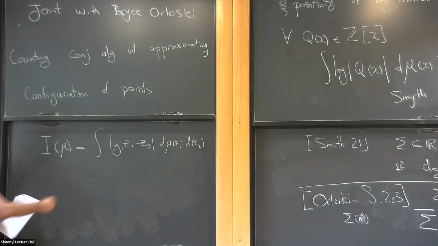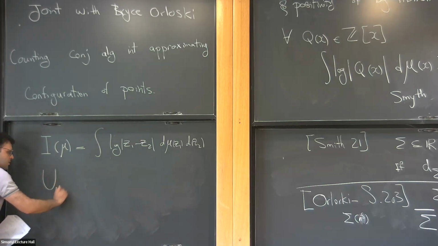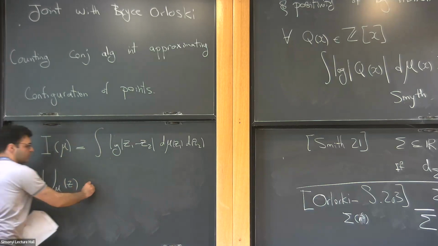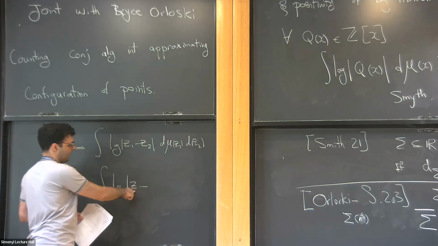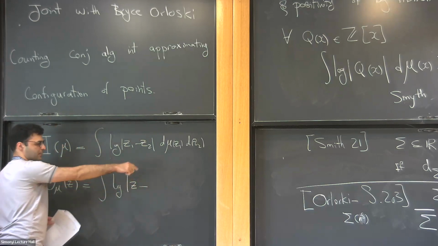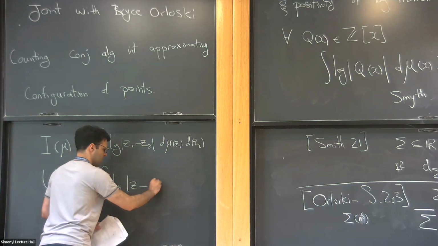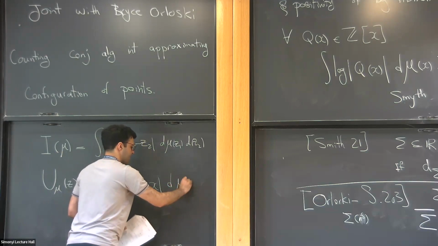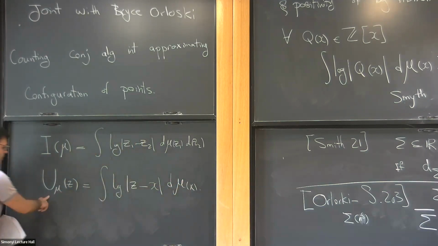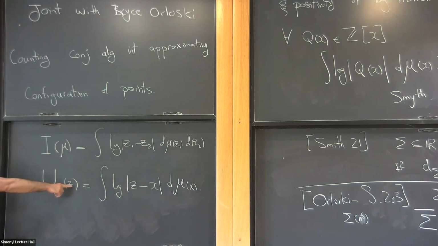In other contexts there's a minus sign, but it's better for us not to use minus. And then you have a potential: for a fixed point z, you take the expected value of log of the distance of z from a random point. So let me write this: the integral of log |z minus x| d mu(x). This is called the potential function with respect to mu at point z, and the energy is simply the average of the potential.